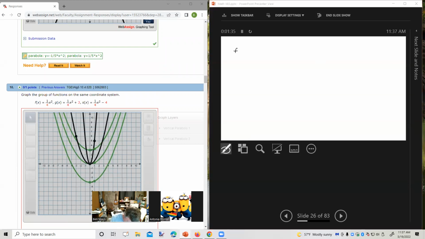So f of x equals 1/4 x squared, g of x equals 1/4 x squared plus 3, and s of x equals 1/4 x squared minus 4.